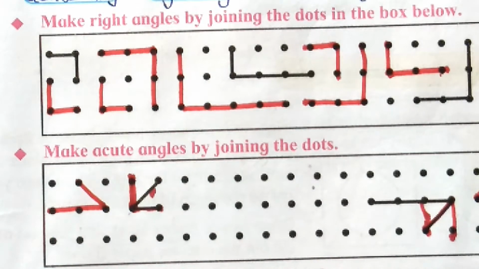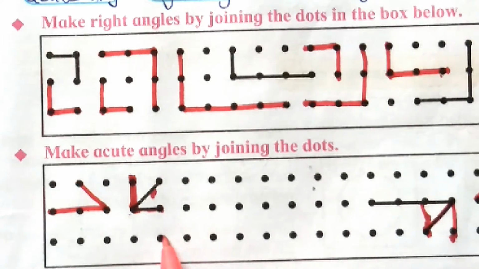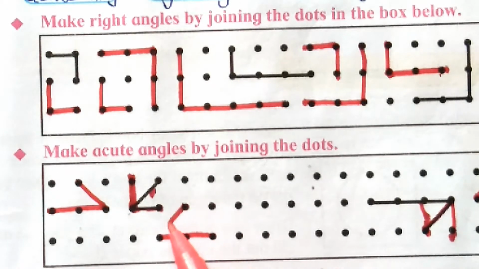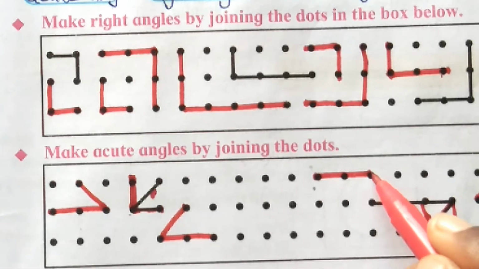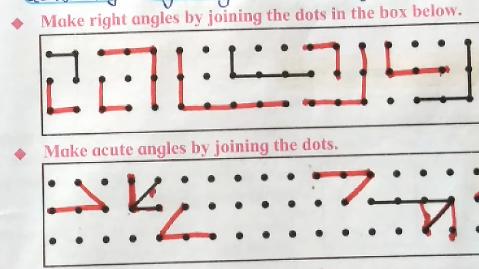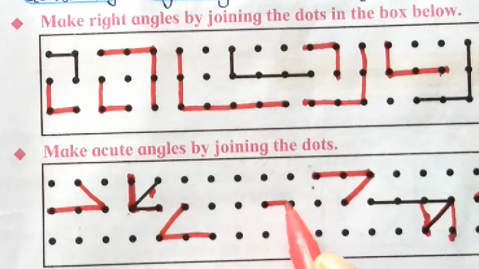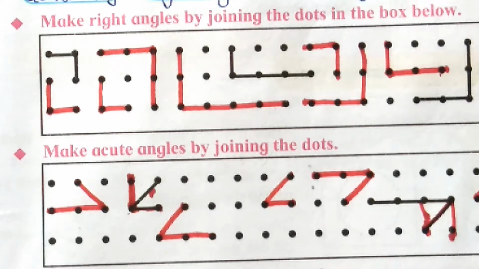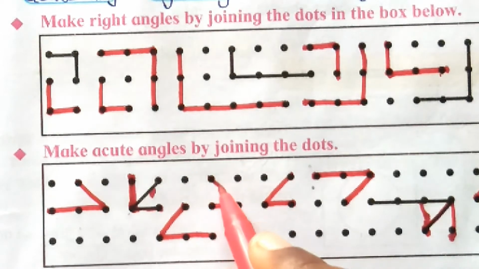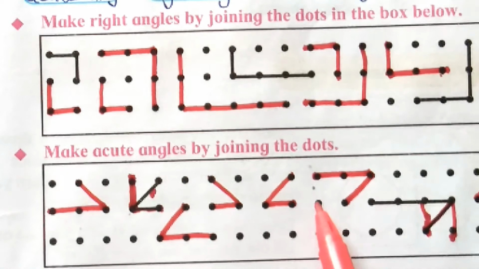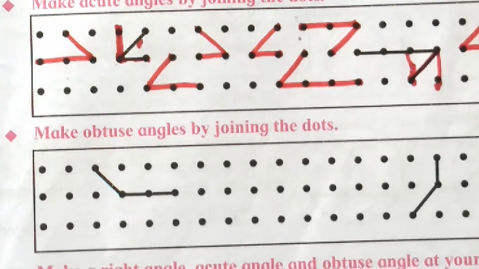It is also an acute angle. Let's join these 3 dots. Then this dot will become a, now these 2 dots join and this one, it also becomes an acute angle. Join this and join this dot. See this one and like this.